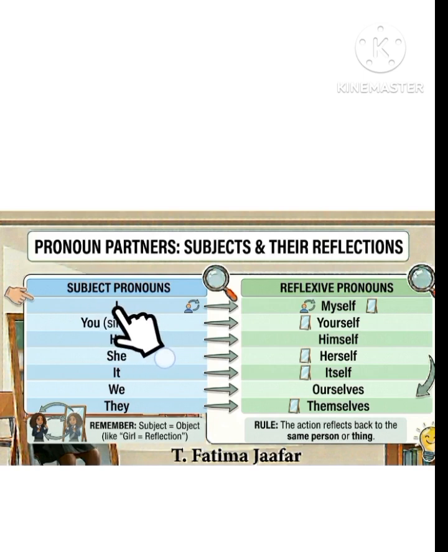I, myself; you, yourself; he, himself; she, herself; it, itself; we, ourselves; they, themselves. We change F into VES because we and they are plural pronouns.